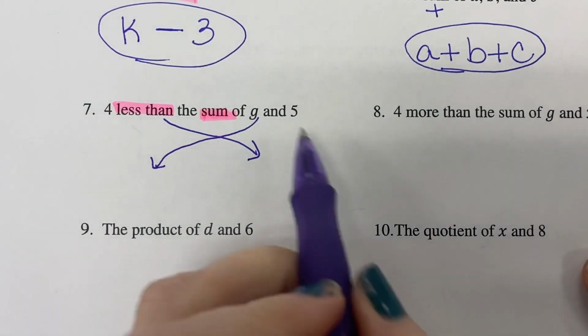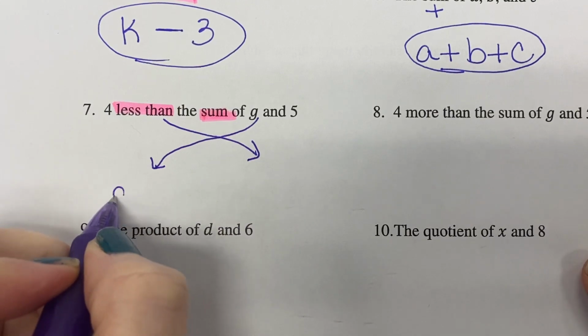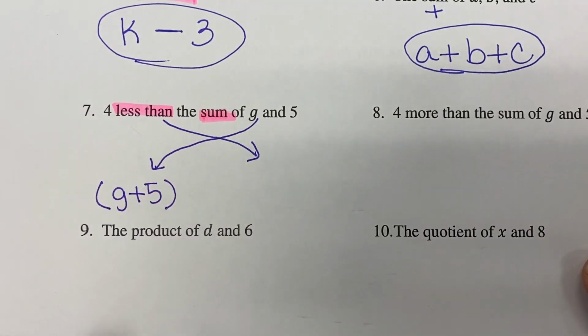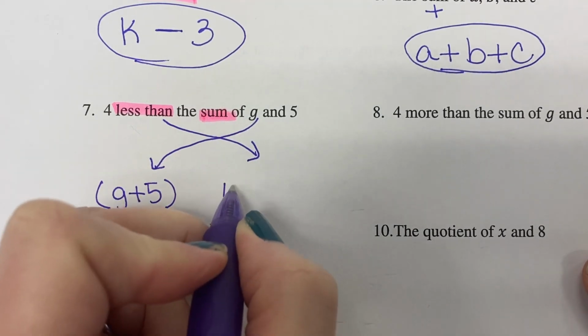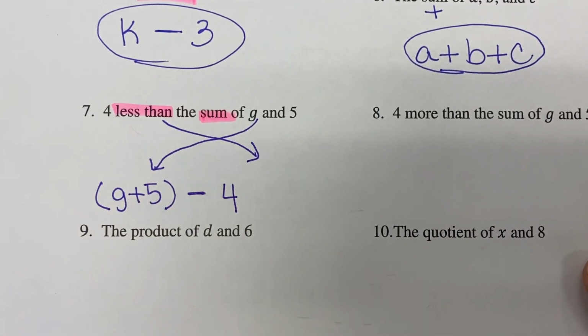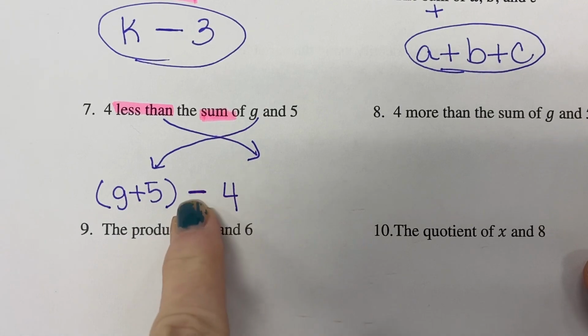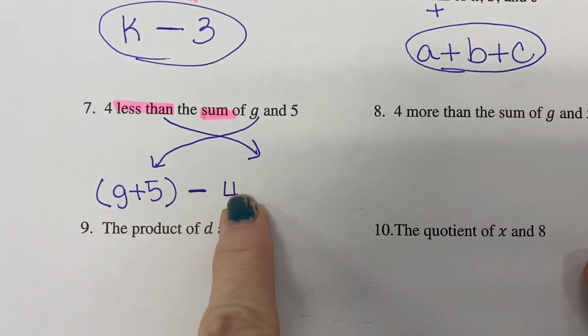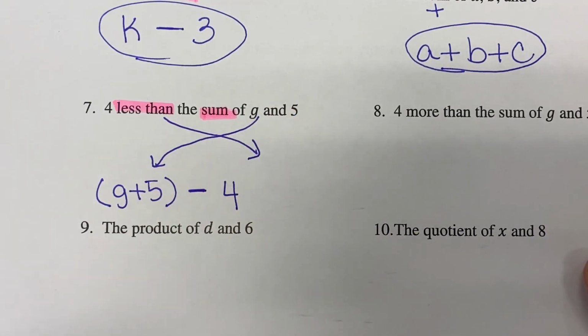So the sum of G and 5, we want to make sure we get that, and then we want to take 4 away from it. So we're taking 4 off, put it in the back: 4 less than the sum of G and 5.